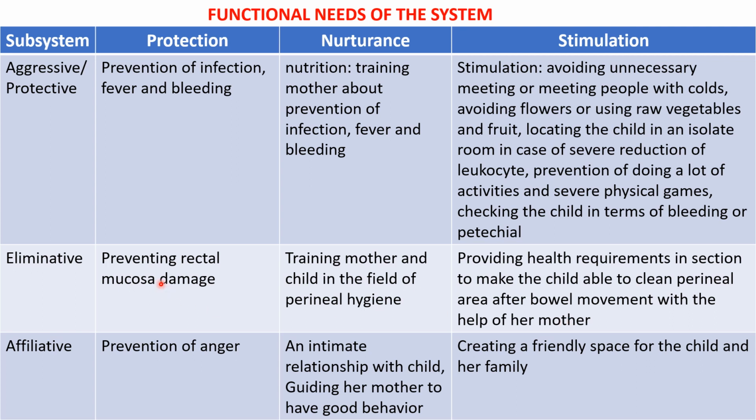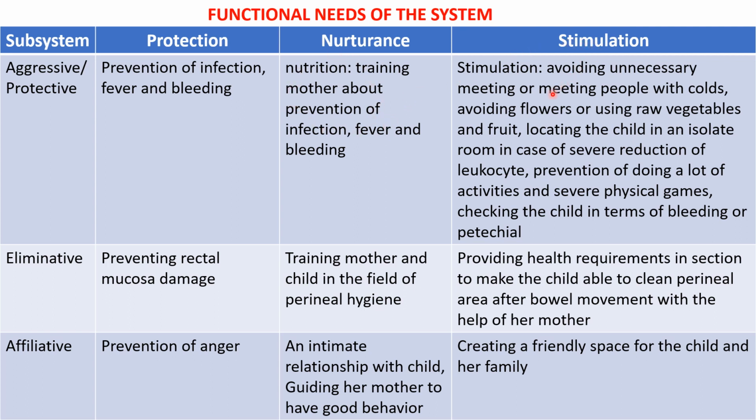And also the aggressive or protective system, you can see we need to protect from prevention of infection, fever and bleeding. Nurturance is by training. And regarding the nutrition, we will be telling.